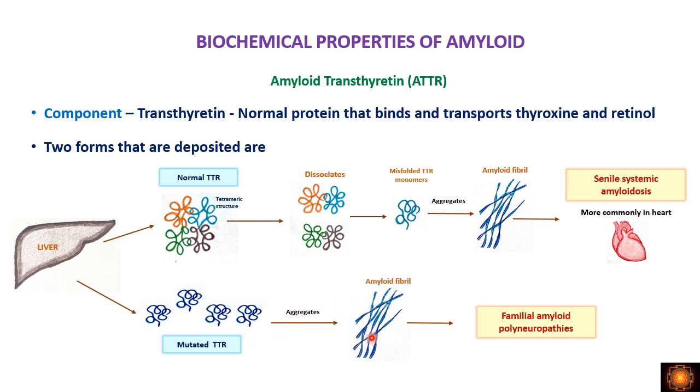These amyloid fibrils get deposited in the peripheral nerves and in the autonomic nervous system, leading to familial amyloid polyneuropathies. So now it's clear: if a fragment of the normal TTR is getting deposited, it leads to senile systemic amyloidosis. If it is a mutated TTR which is getting deposited, that leads to familial amyloid polyneuropathies.